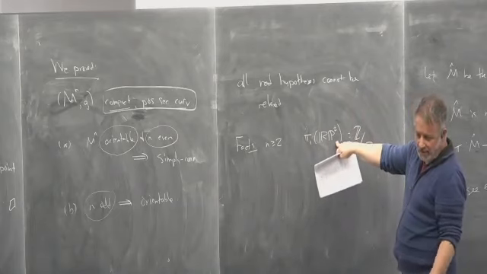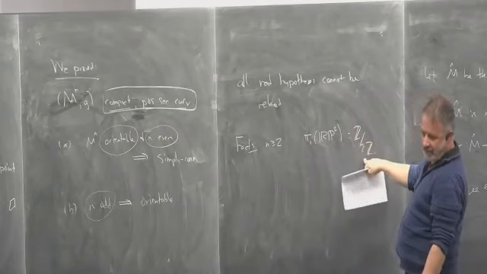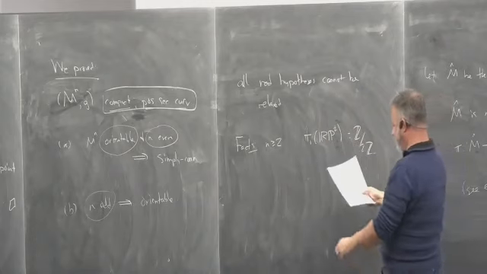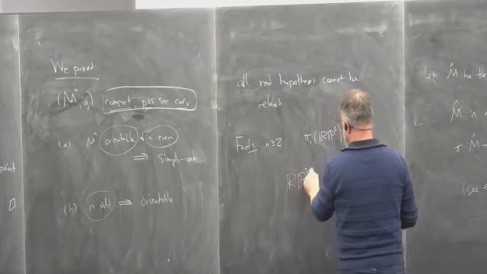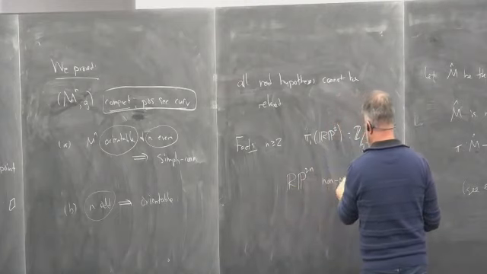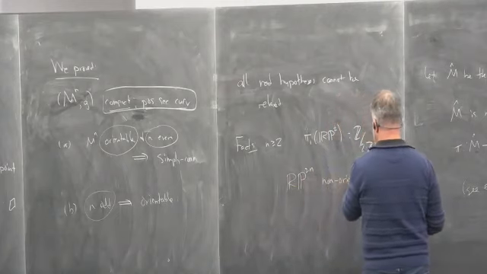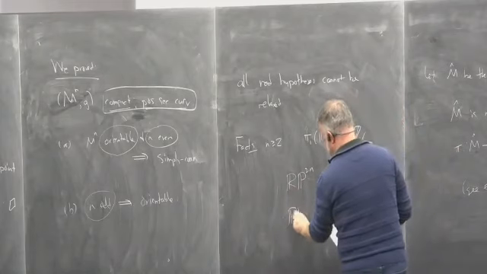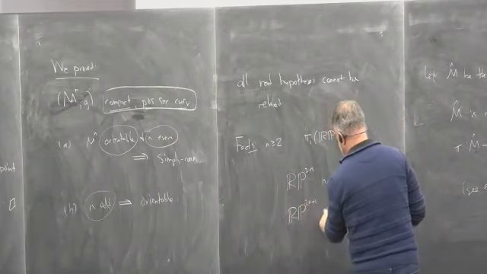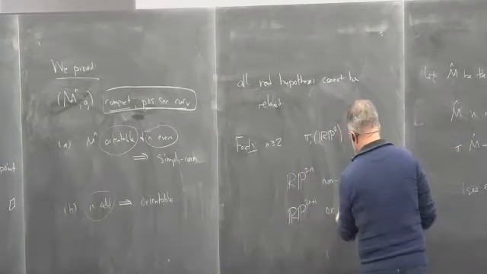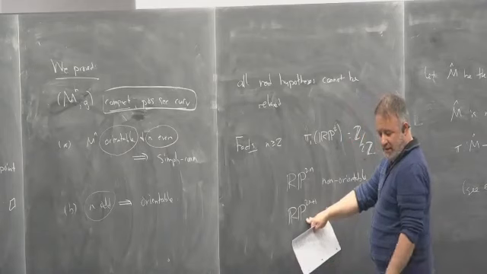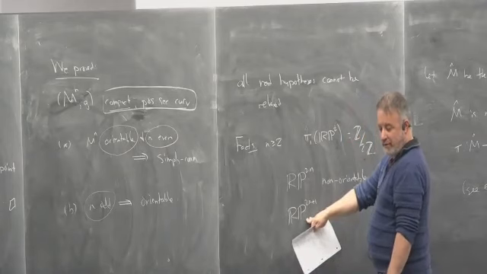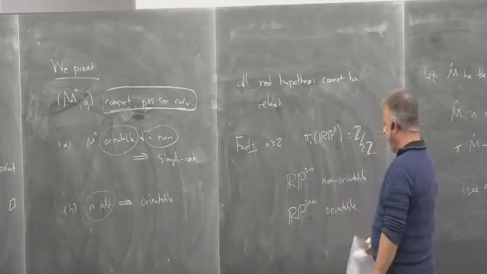RP1 is just S1, which is also not simply connected, but its fundamental group is Z, not Z mod 2Z. RP even is non-orientable. RP odd is orientable. Again, RP1 is S1. RP3 is actually diffeomorphic to the Lie group SO3.